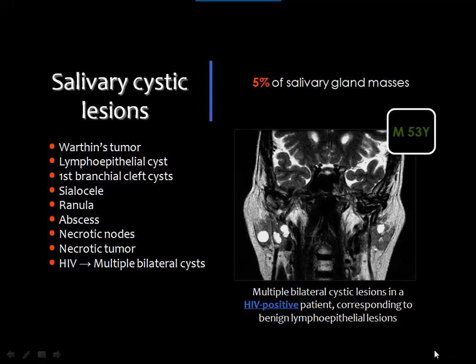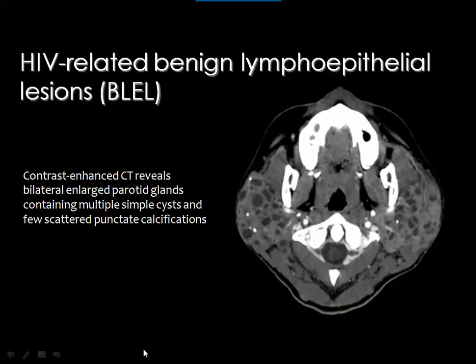The differential diagnosis of these cysts is big, but you should concentrate on the three main pathologies, which are the lymphoepithelial cysts related to AIDS, Sjögren disease, and non-Hodgkin lymphoma. Then this is HIV-related lymphoepithelial cysts.